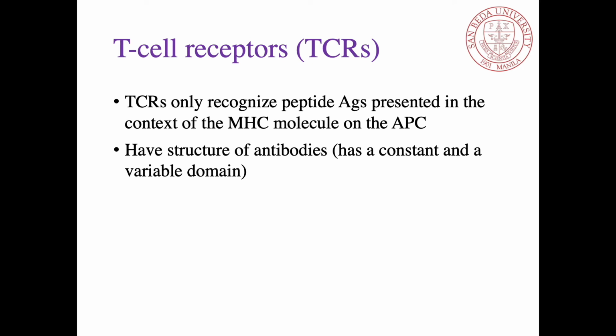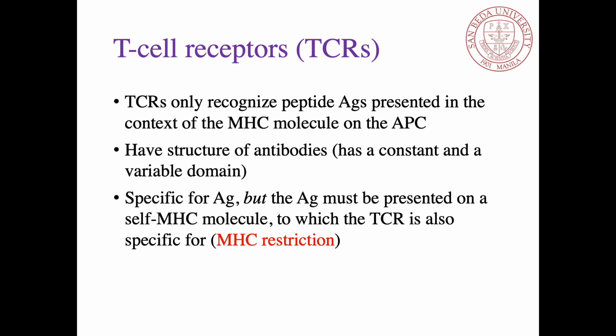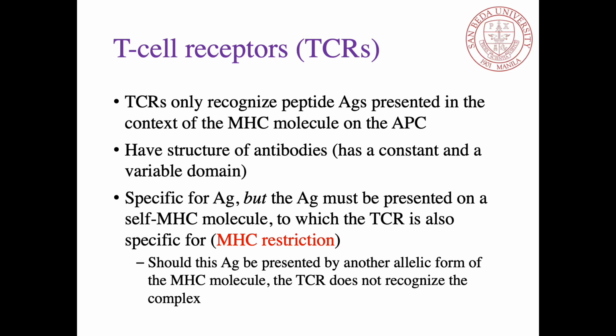T cell receptors are quite specific for antigens, but the antigen must be presented on a self-MHC molecule to which the TCR is also specific. You call this very specific setup MHC restriction. Should this antigen be presented by another allelic form of the MHC molecule, then the TCR does not recognize the complex. So that's how specific it is.